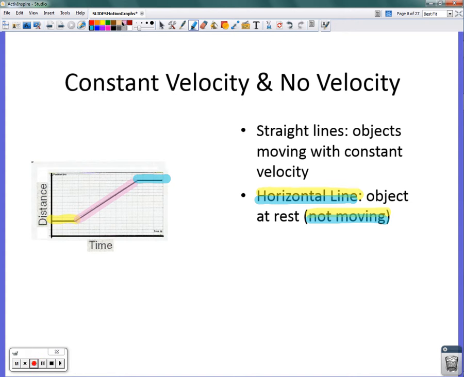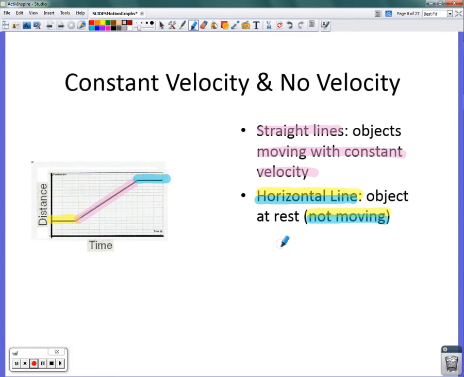During this pink section right here, we see a straight line. Straight lines have constant velocity, straight lines have constant slope, regardless of where the straight line occurs on a graph. In this specific graph, a distance versus time graph, straight lines, constant slope, that's going to be sections where objects are moving with constant velocity.